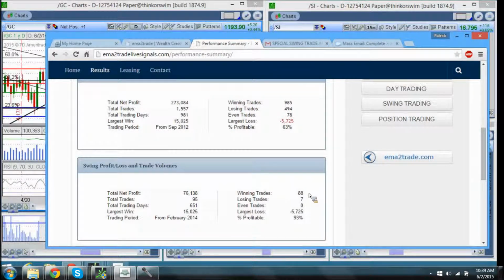Out of a total of 95 trades, 7 have been losing trades with 88 profitable, making about 3 to 1 profit. The largest win is 15,000, largest loss is 5,007, so it's about a 3 to 1 risk reward ratio.